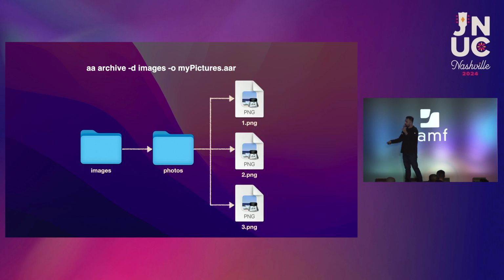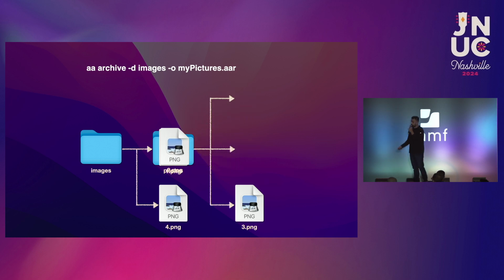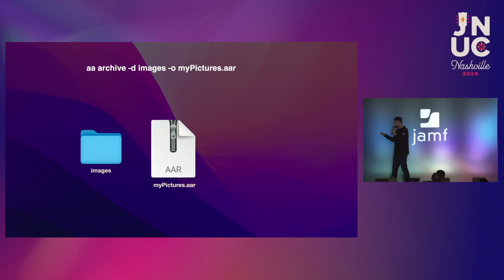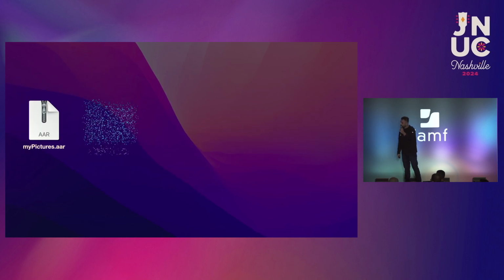Now what happens when we add one additional image at the root of the images directory, 4.png, and create another archive using that same Apple Archive command, and then download it from the internet? Let's see what happens here.